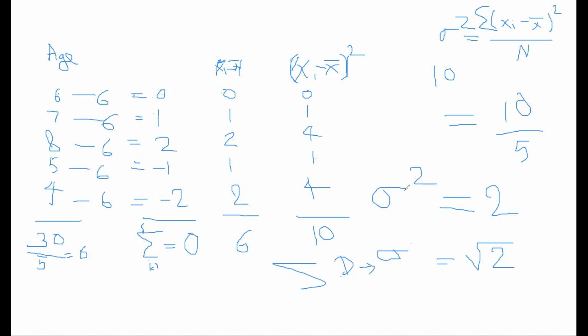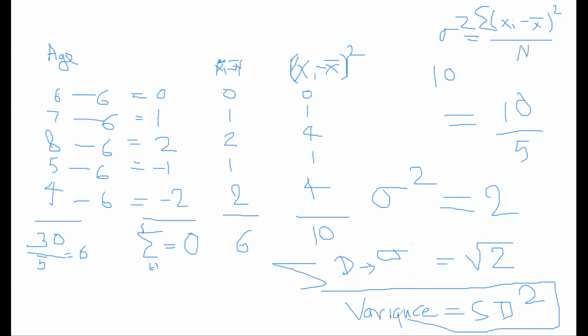So this is the relationship: variance equals standard deviation squared. If the variance is given in a question, you can find the standard deviation. If the standard deviation is given, you can calculate the variance. So this is for population. Capital N represents the population.